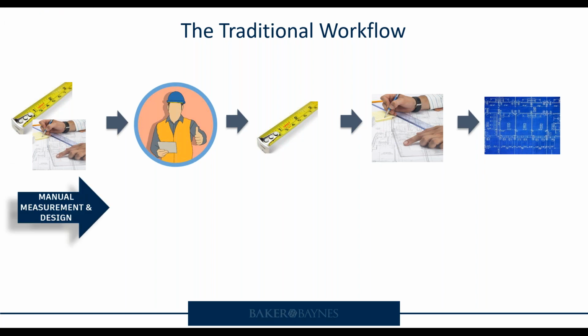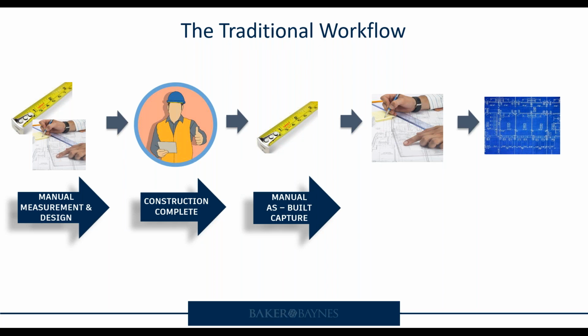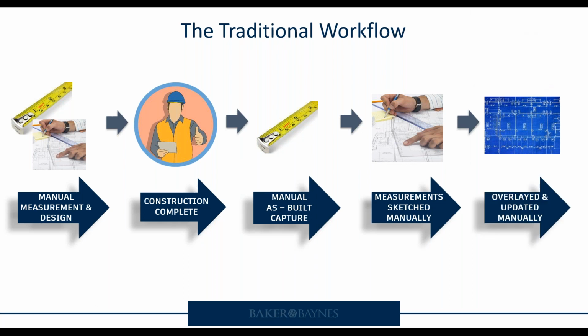So the key element in these phases is manual measurement and design. Once construction is complete, it's manual again, because you have to measure everything, sketch it manually, and overlaying is also manual. So the key word is manual.